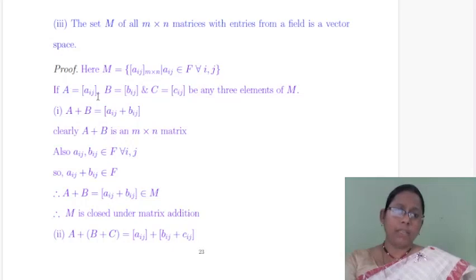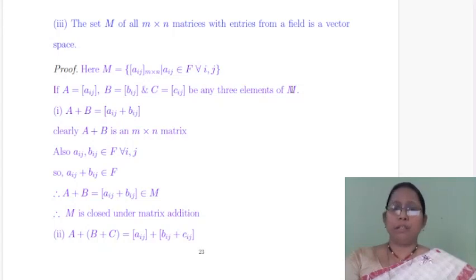If A is (Aij), B is (Bij), and C is (Cij) be any three elements of M, that is, any three matrices of m by n type, then we define A plus B equal to (Aij plus Bij).